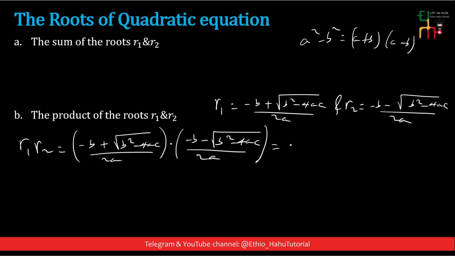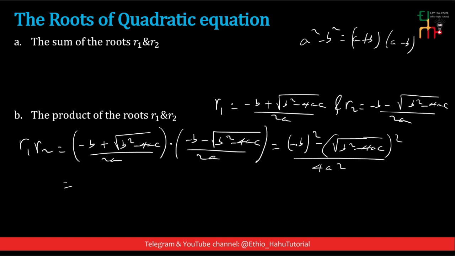With that, (minus b) squared minus the square root of b squared minus 4ac, squared, divided by 2a times 2a, gives 4a squared.